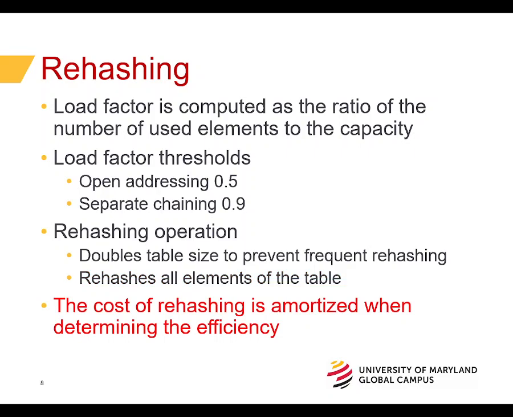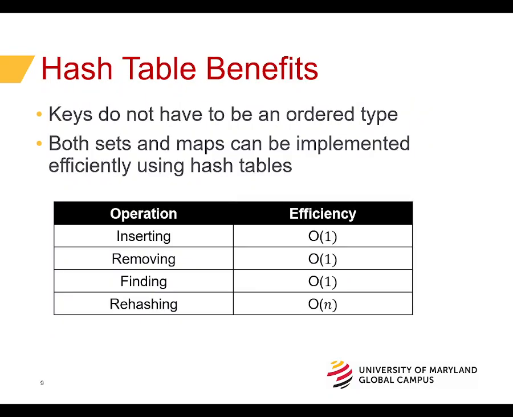The cost of rehashing is amortized when determining the efficiency of the operations. This is similar to what occurs with an array list. Assuming its occurrence is sufficiently infrequent, the added cost will be negligible. Now let's summarize the benefits of the hash table implementation.